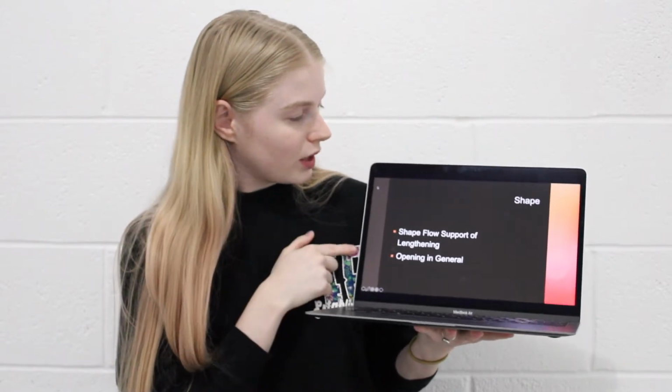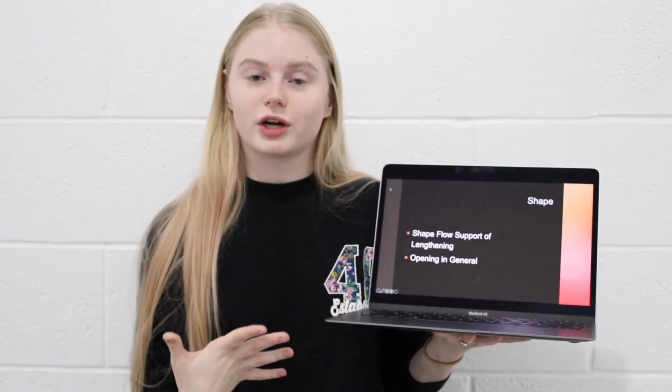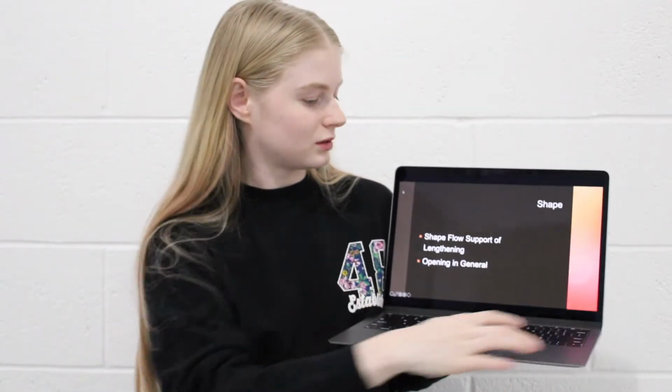I also acknowledged that opening in general was very important, because a lot of the poses that were held were opened, and there was more of a reference to the opening of the body, because you would open and hold it, and then you would close and open again and hold it.